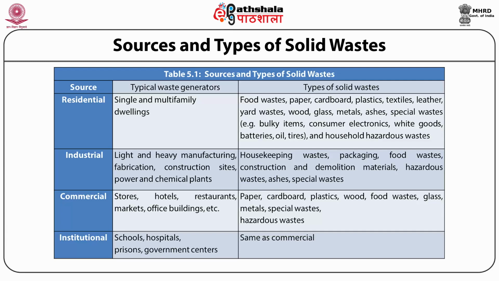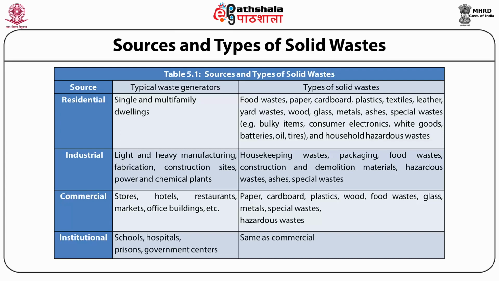The typical waste generated is from single and multi-family dwellings, and the types of solid waste are food waste, paper, cardboard, plastic, textiles, leather, yard waste, wood, glass, metal, ashes, special waste like bulky items, consumer electronics, white goods, batteries, oil, tires and household hazardous waste.